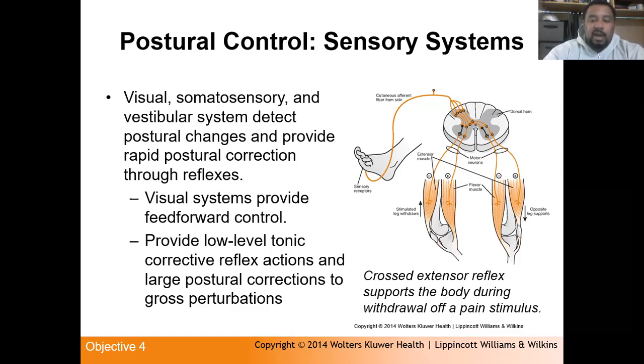For example, say I'm walking and I'm about to step on a nail, and the minute I see the nail, my visual inputs are telling me that I have to react so I don't step on it. My body is going to try to maintain its balance but also avoid the nail at the same exact time. That's your sensory systems telling you to still maintain postural control but also avoid the nail. If that makes sense.